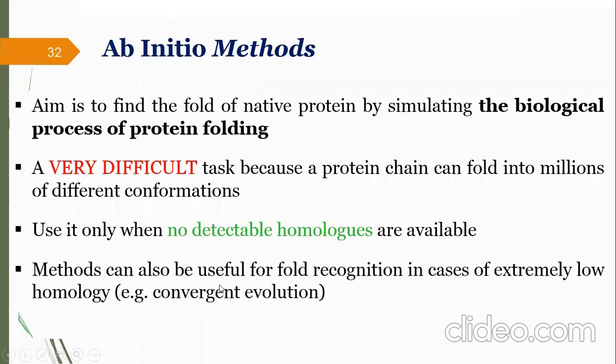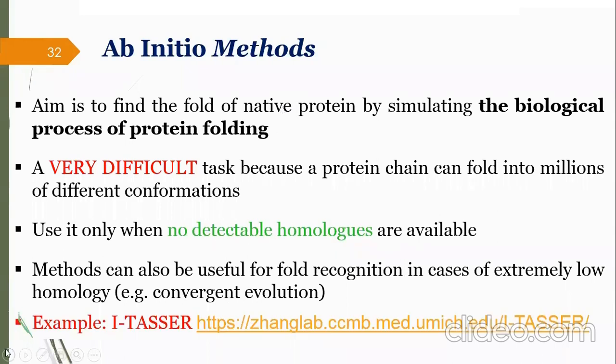And the method can be useful for fold recognition in cases of extremely low homology, that is convergent evolution. An example is I-TASSER. So go on this site and just give a sequence to this site, and that will give you the protein structure, because it is based on ab initio methods.